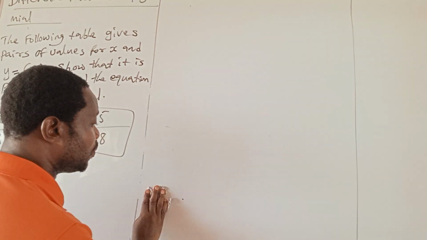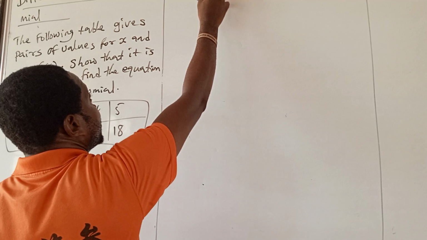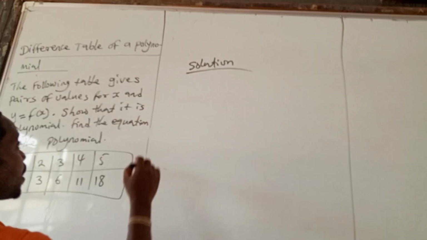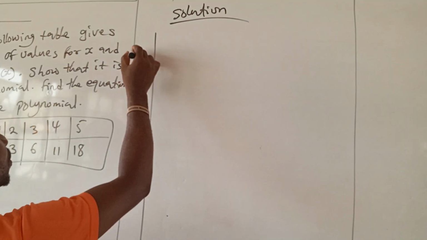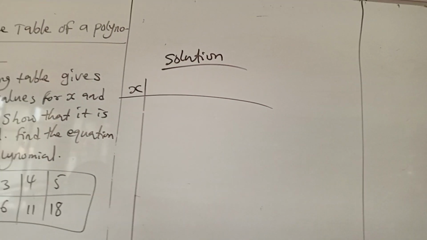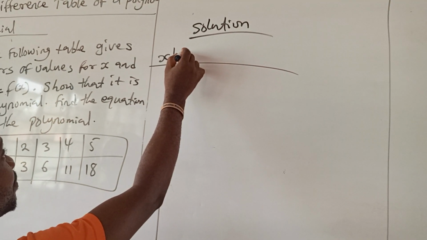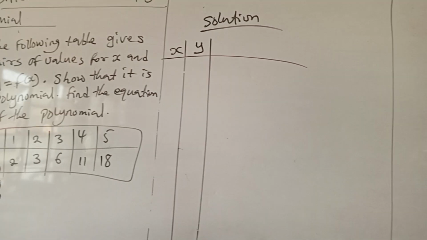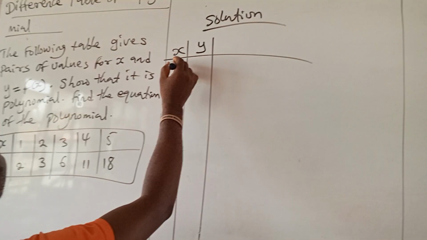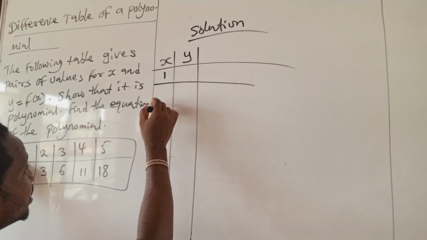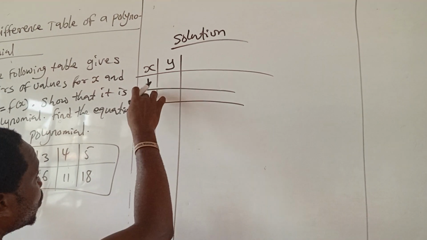If you are given this question and you want to solve it, you write solution. Once you write solution, you will now have your values for s. Then you have that of y, these values they gave you. Because this is numerical method, you will write 1 for the values of s, but it is advisable you jump one line.